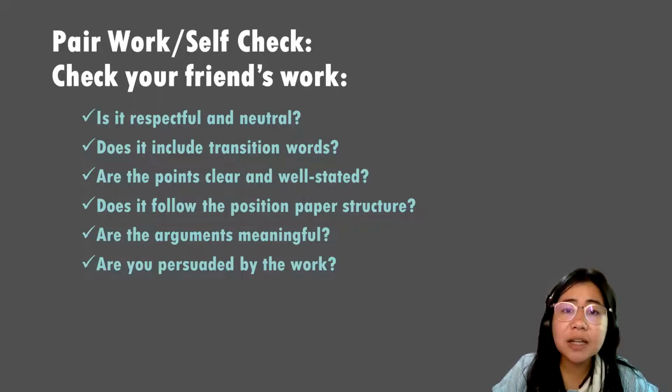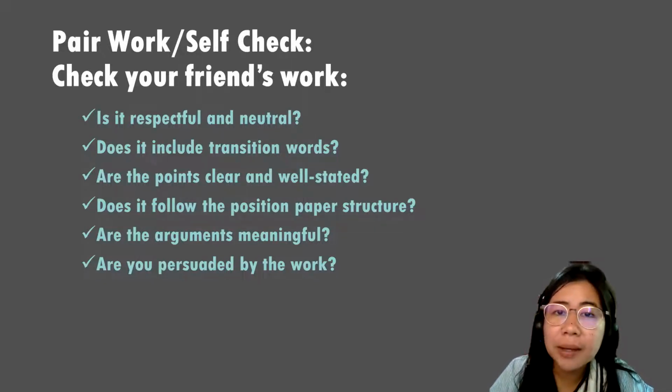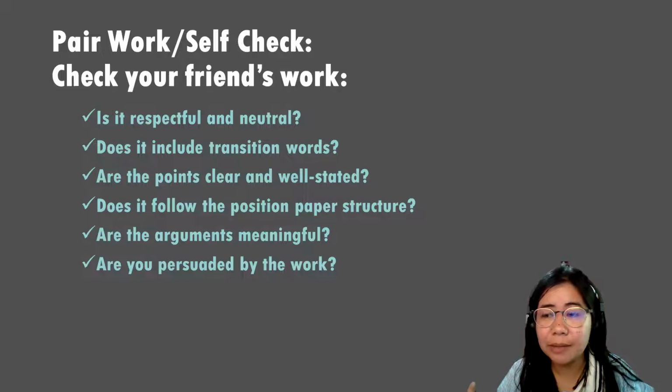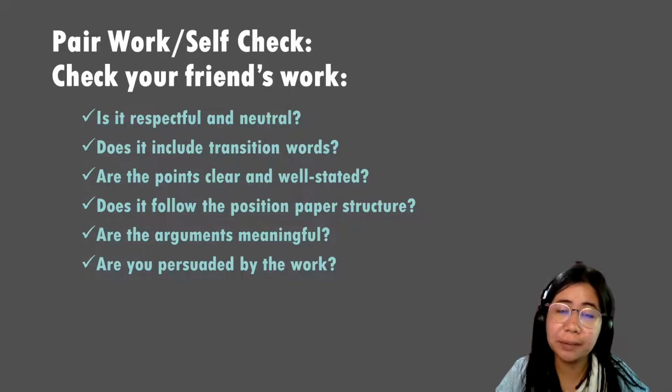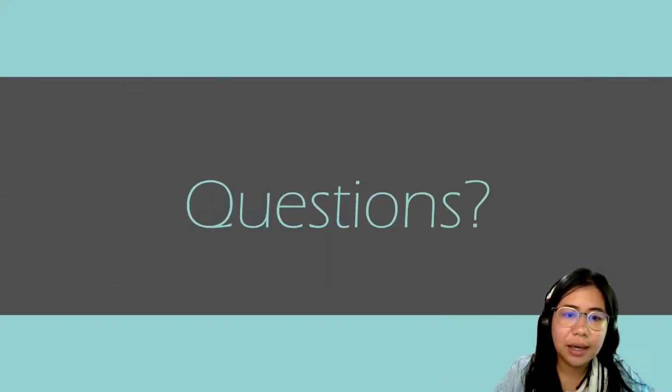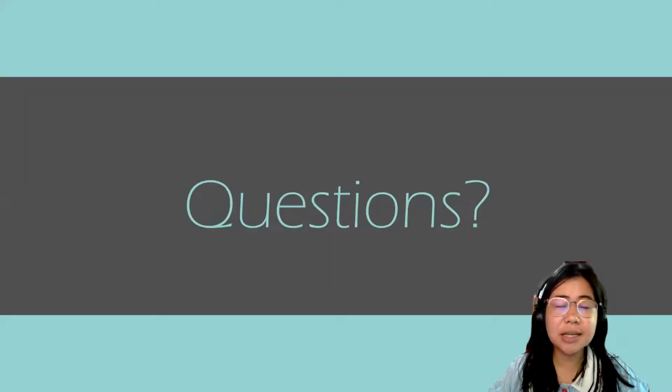But I suggest that you really have to look for a pair because sometimes we might be biased. Sometimes if we only self-check, we may not be able to see what is lacking because for us it's already good or it's already perfect. So for checking, we can have the pair work or self-check. Do you have questions?